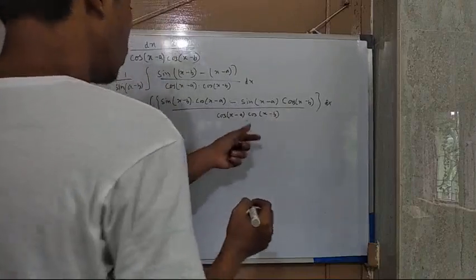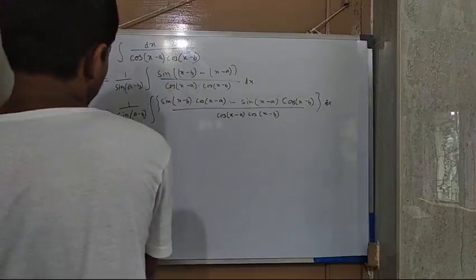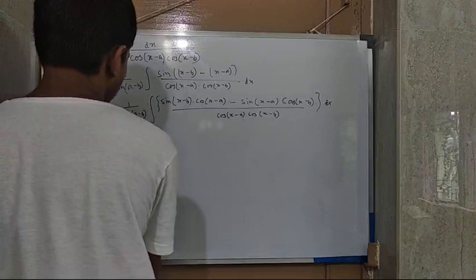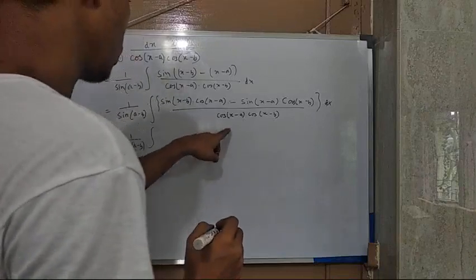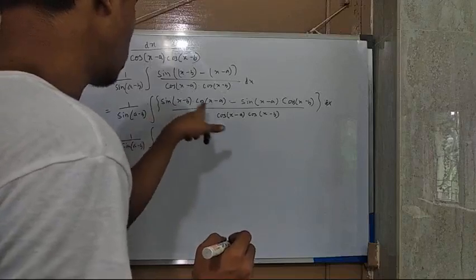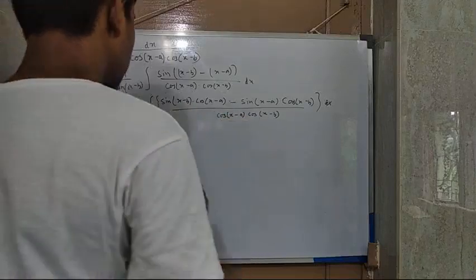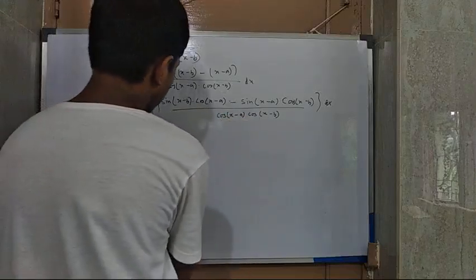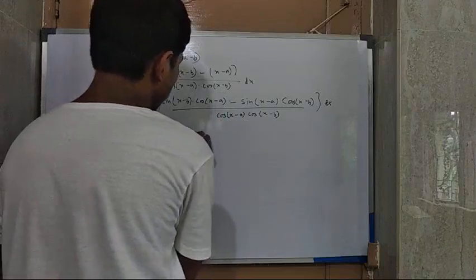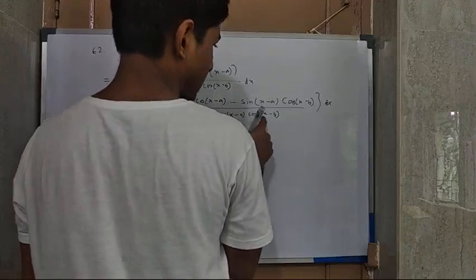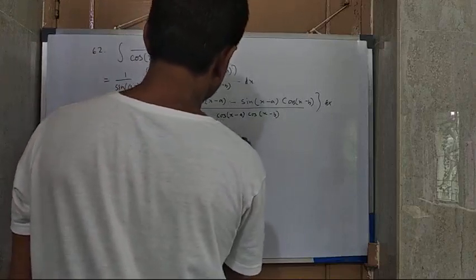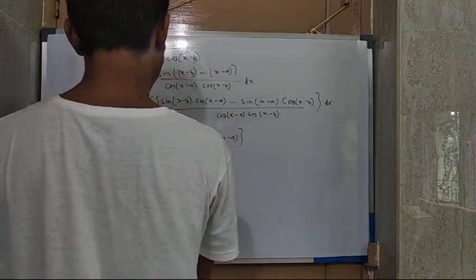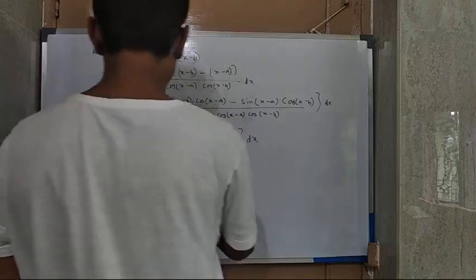Now split them up as 1 by sine of (a minus b) integral. The cos will cut out, and this is going to be the integral of tan(x minus b) minus tan(x minus a) dx.